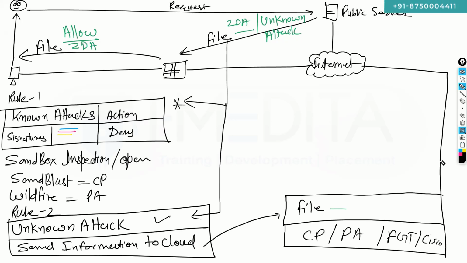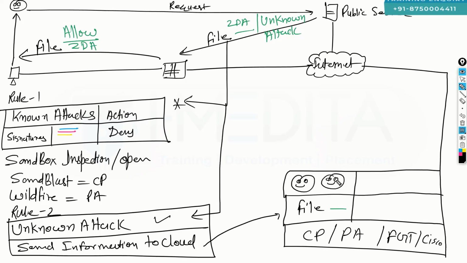When this file is submitted to the cloud, meaning the data center, they have dedicated engineers. Palo Alto says we have 42 units worldwide, but Checkpoint doesn't make any commitment like this. They say that if you send the file to our cloud, we will analyze it.